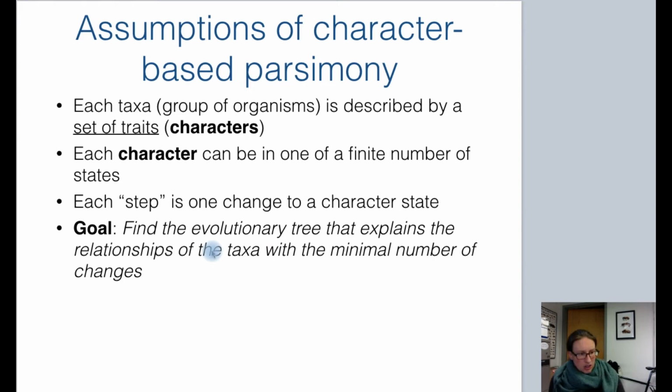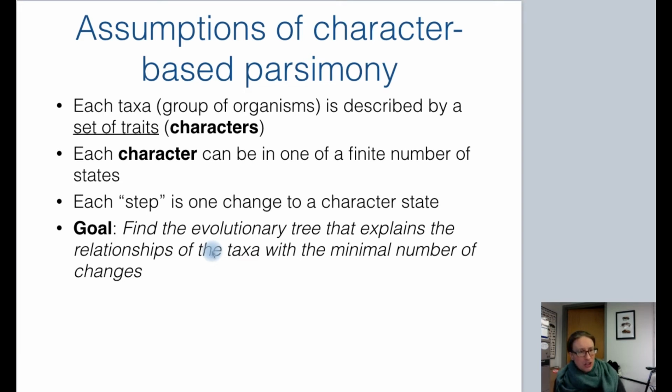In a nutshell, to create a phylogeny, you have a group of organisms, so you have taxa, and each of those groups of organisms will be described by a set of traits. Those are referred to as characters. Then each of those characters will be in one of a finite number of states.